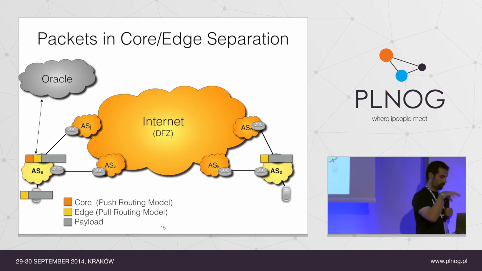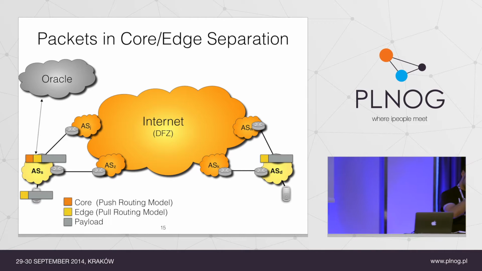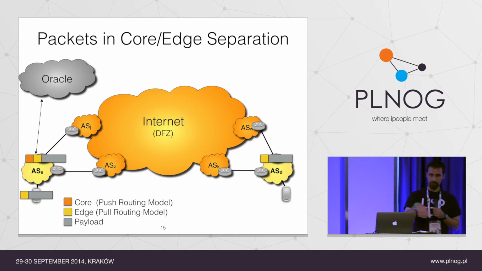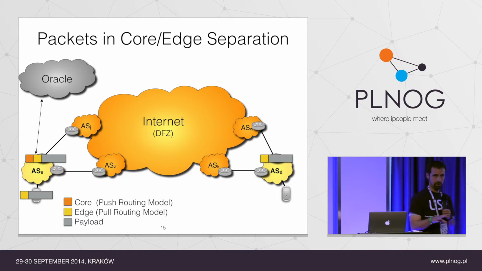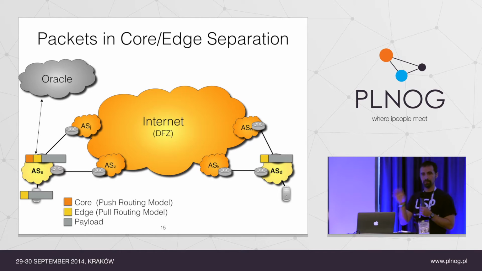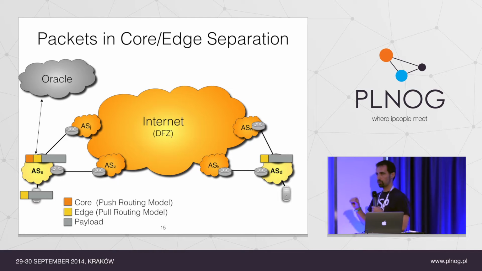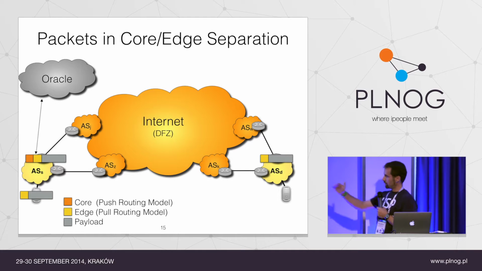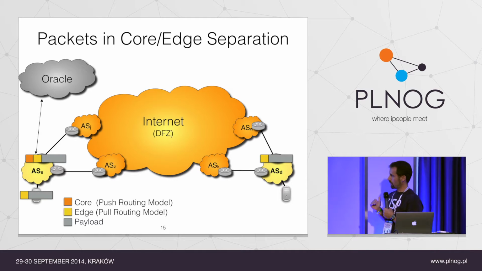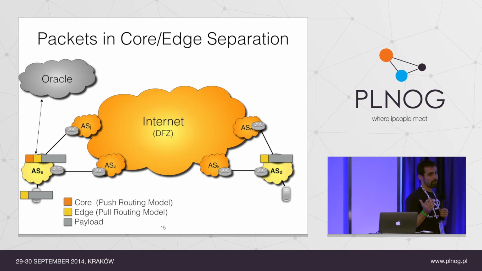The core just knows itself, meaning all the prefixes of the core itself. And we still use a push routing approach, meaning basically BGP. We announce prefixes. About the edge, we isolated them from the core, and differently, we use a pull routing model. What is it? DNS.